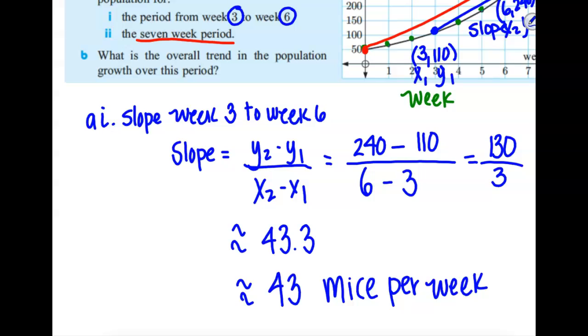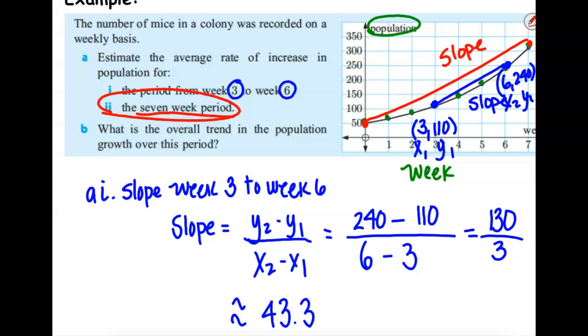All right. I'm going to add a slide here to do part II. And again, we're going to find the slope from week 0 to week 7. So this is going to be time of 0, 50 mice.